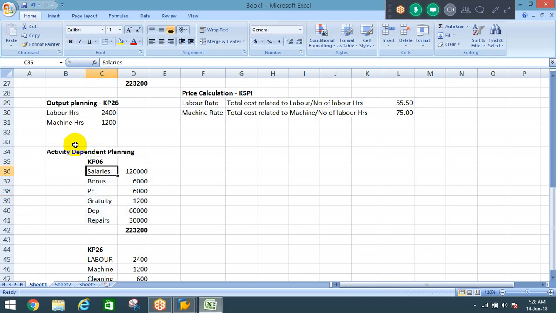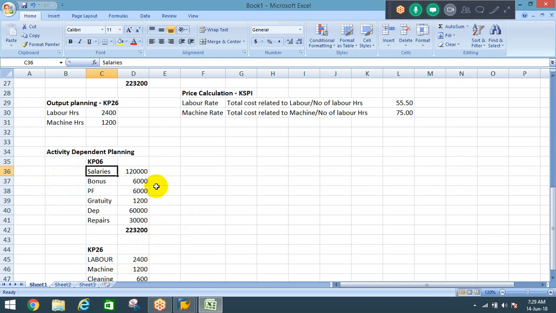Salaries are related not only to labor but also to cleaning, because some laborers work there and we pay them too. So this salaries cost is related to two activity types.